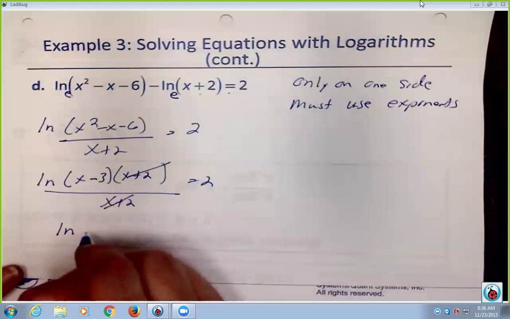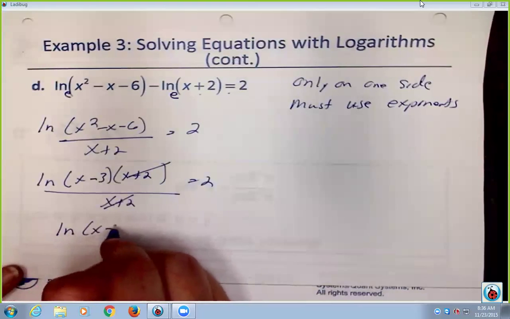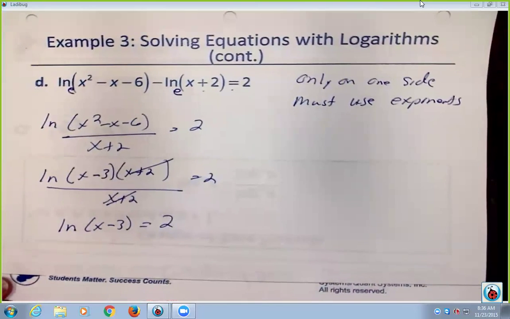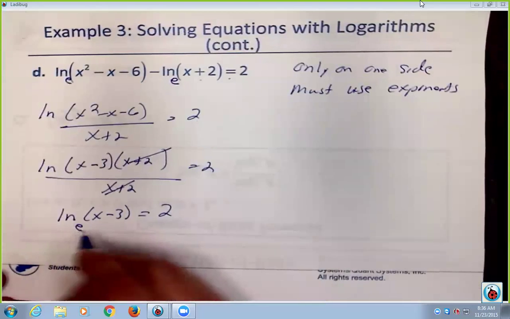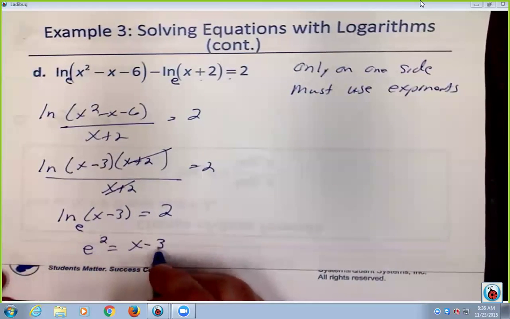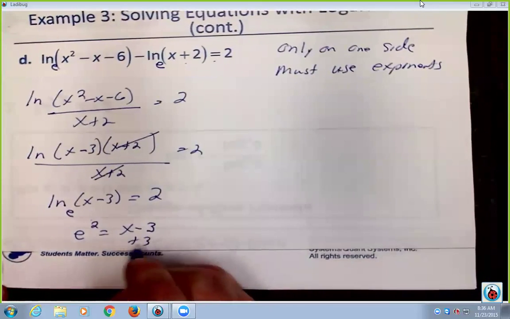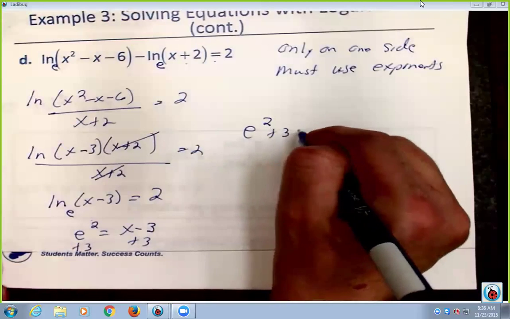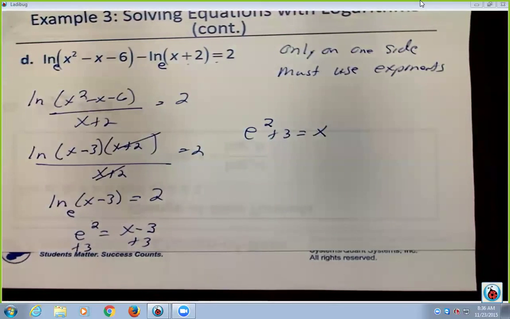So I have ln of x minus 3 is equal to 2. Put it back into exponential form. e to the second is equal to x minus 3. Add 3 to both sides. And I will find that e squared plus 3 equals x.